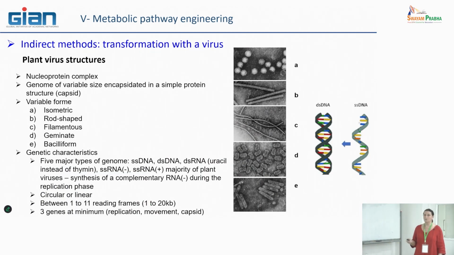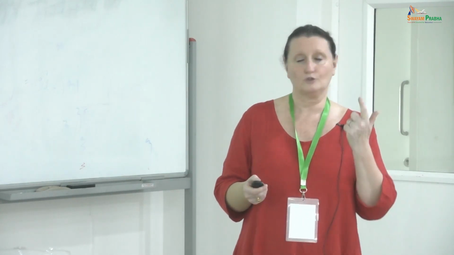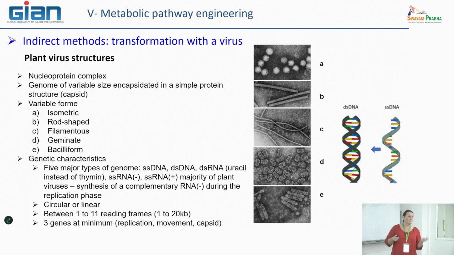The structures of viruses are quite various. Here you have some examples. They can be isometric, rod-shaped, filamentous, geminate, and also bacilliform, but that is not so important. What is interesting is that the genomic content of viruses is quite variable. You may have a DNA molecule or an RNA molecule, and also double strand or single strand, RNA or DNA.